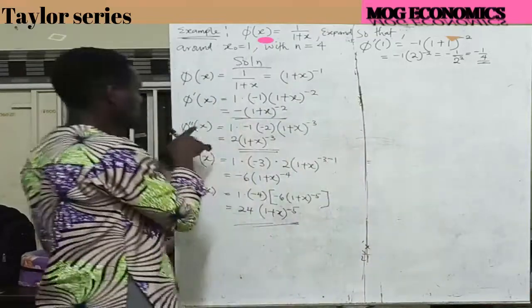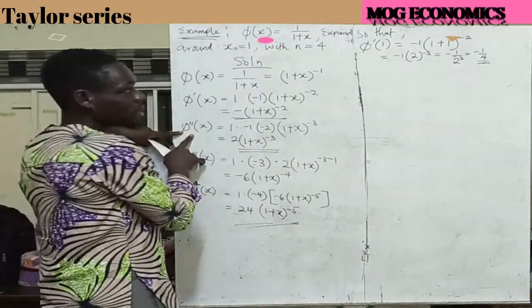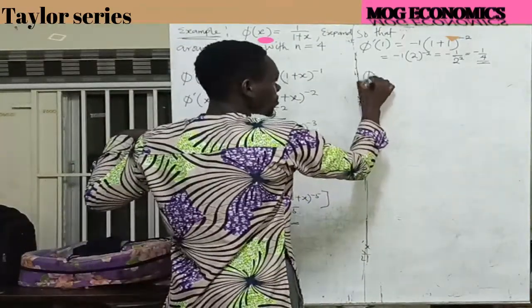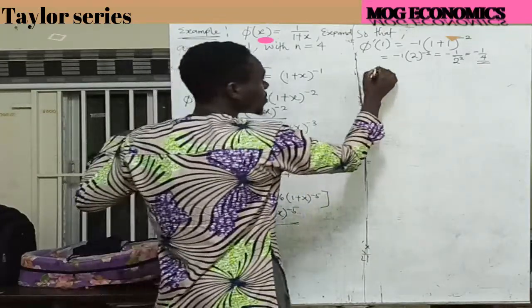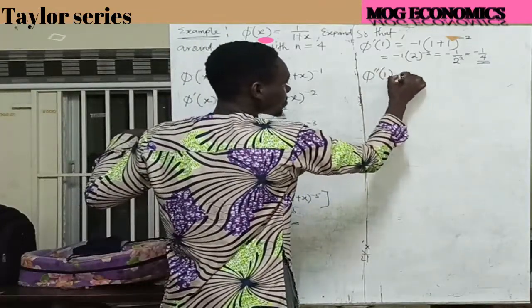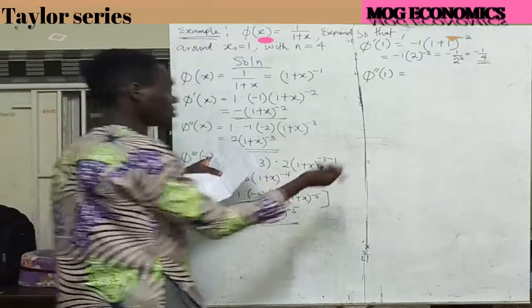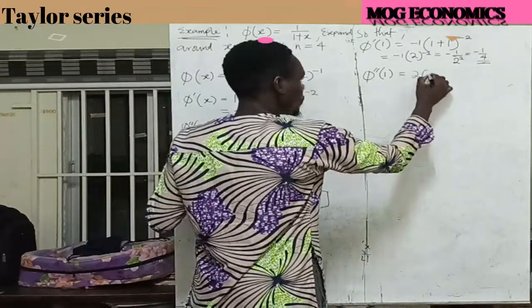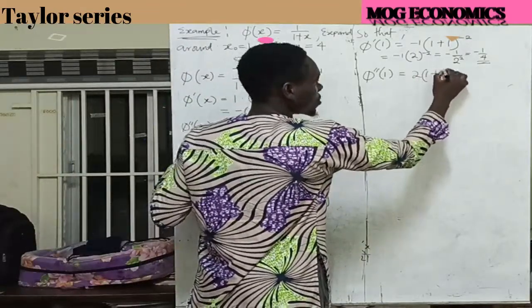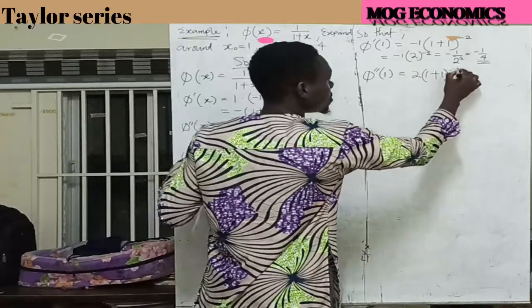Now, for the second derivative value, we insert 1 again into our result here, and then we'll have 1 plus 1 to the power of minus 3.